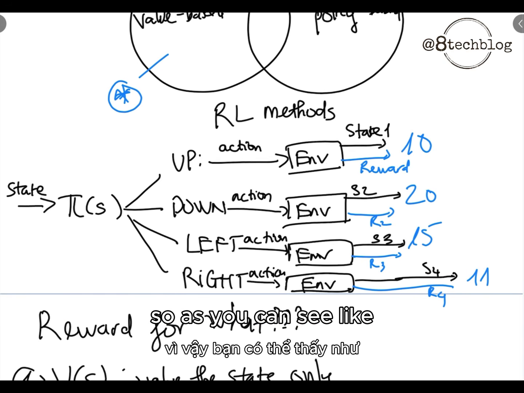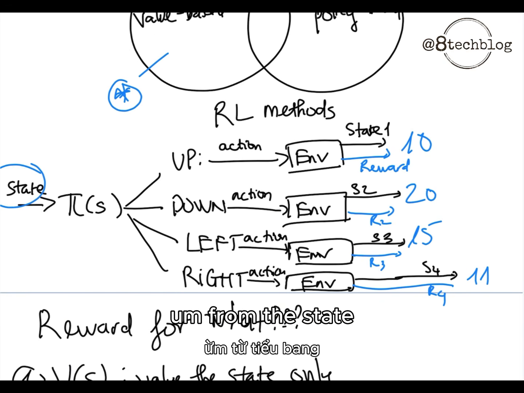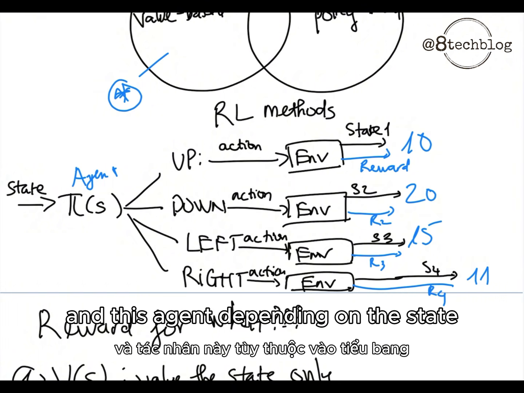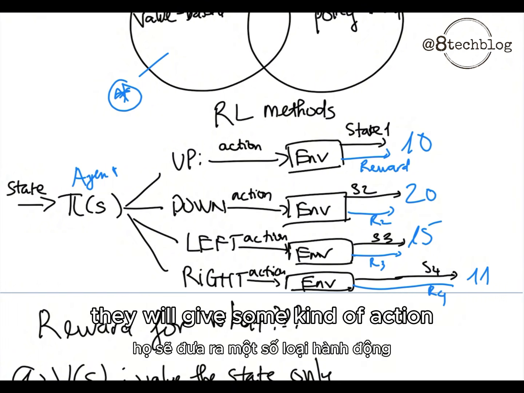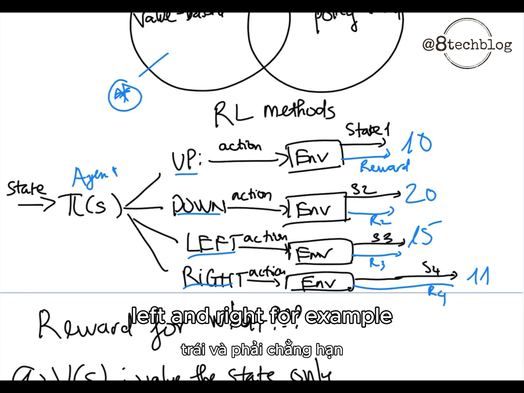Okay, so as you can see, from the state, they pass it into the agent, right? And this agent, depending on the state, will give some kind of action. There are 4 possible actions: up, down, left, and right, for example.